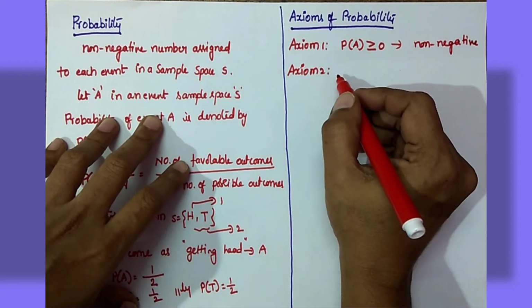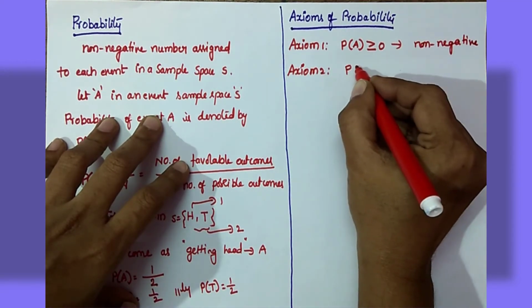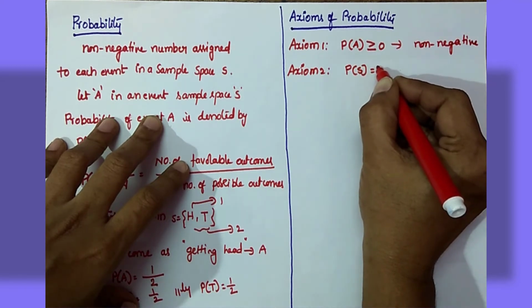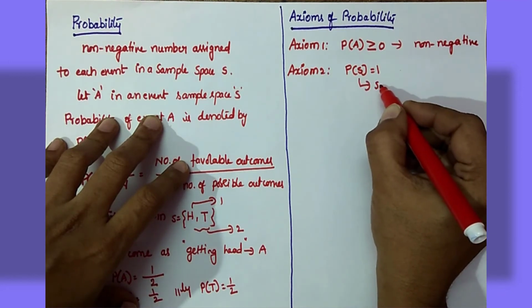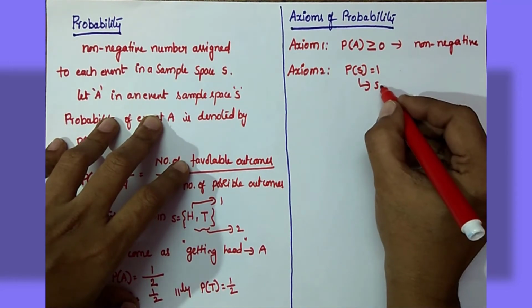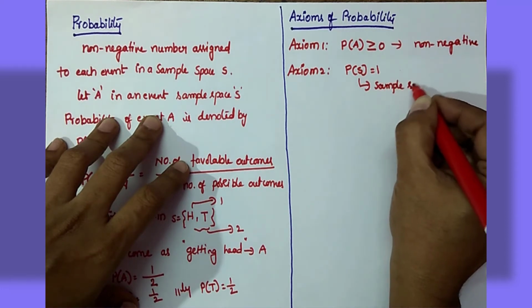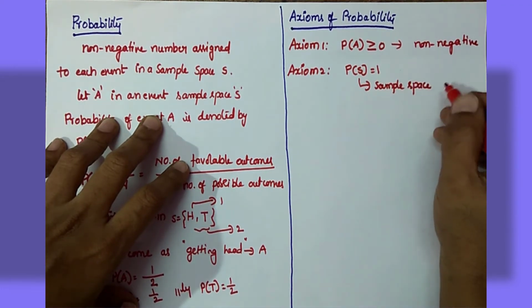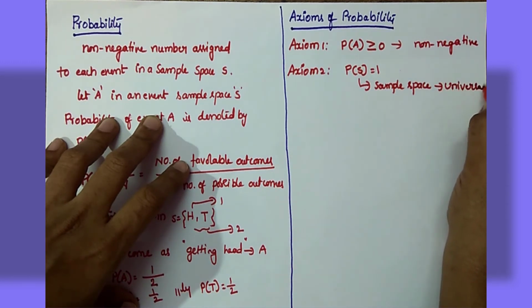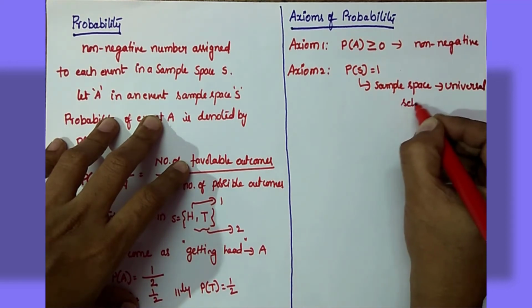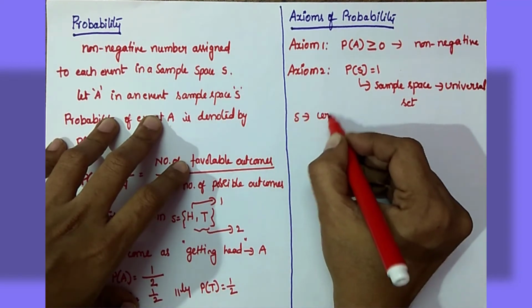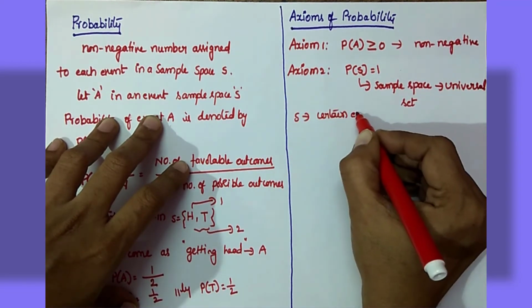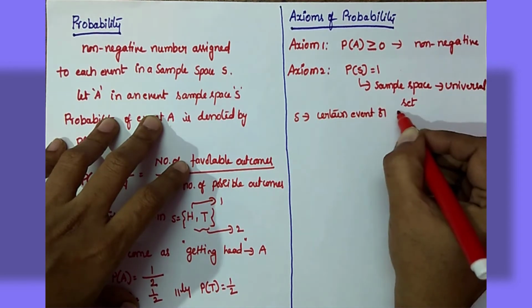Then axiom 2. Axiom 2 is P of S is 1. What is actually S? S is the sample space, as we know. The sample space is the universal set, which means your S is a certain event or sure event.